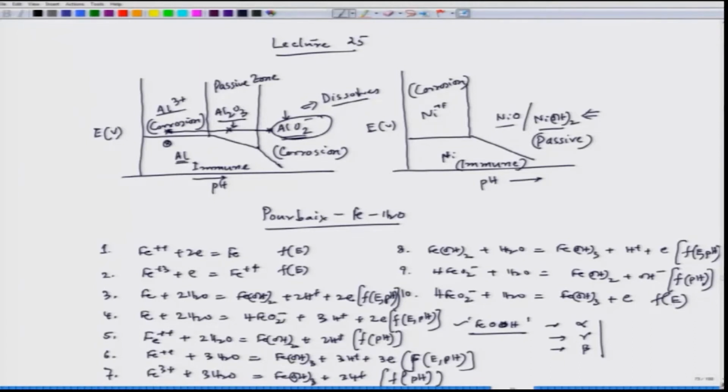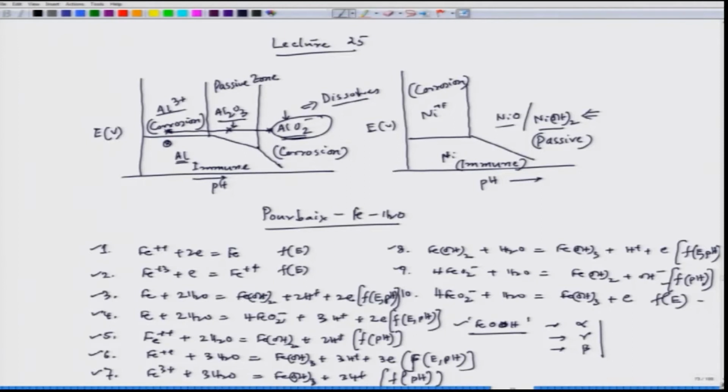So, it is very clear that this will be parallel to the x axis, this will be vertical to the x axis, this would be at an angle to the x axis, this will be parallel to the x axis, this is at an angle to the x axis, that means pH axis, this is at an angle to the pH axis, this is perpendicular to the potential axis, this is at an angle to the pH axis, this is also perpendicular to the pH axis or parallel to the potential axis.